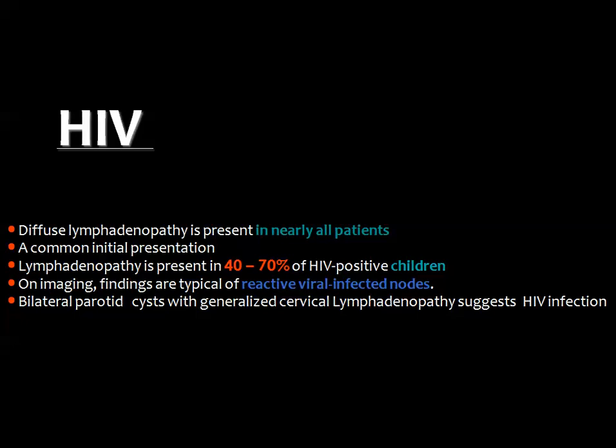And some of the helpful diagnostic criteria are the presence of parotid cysts, which are the HIV-related lymphoepithelial cysts commonly seen in the parotid glands in patients with HIV infection.